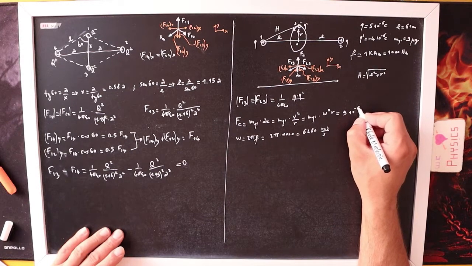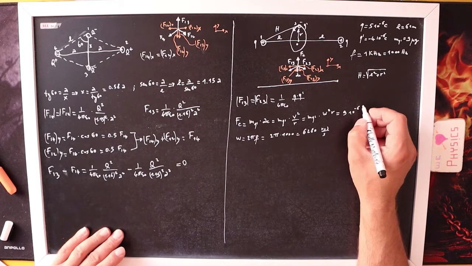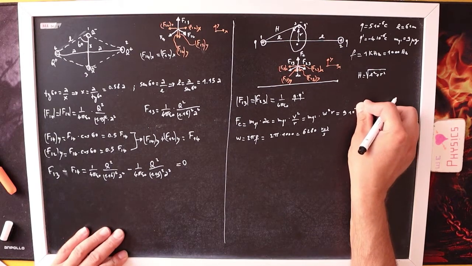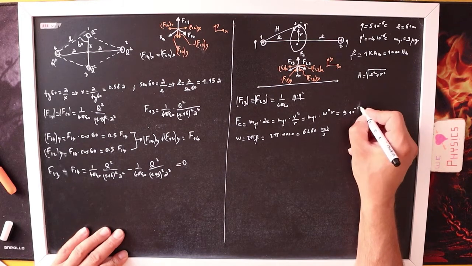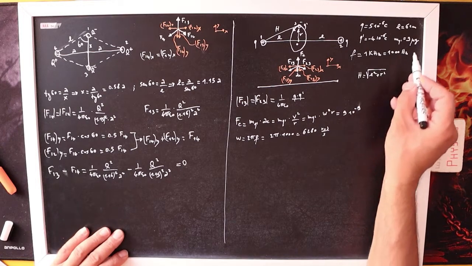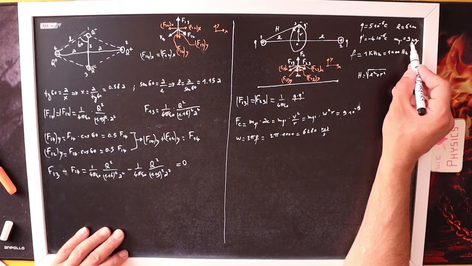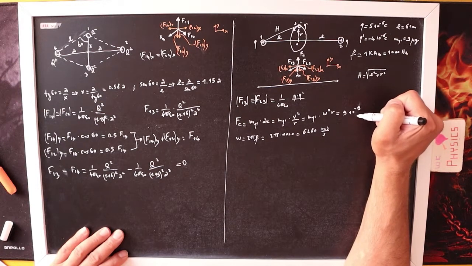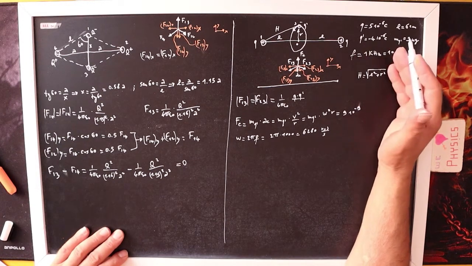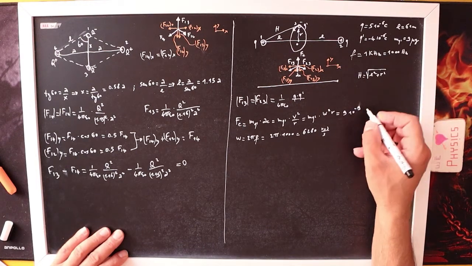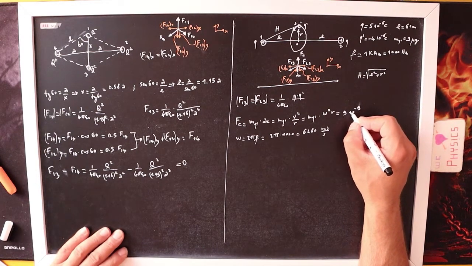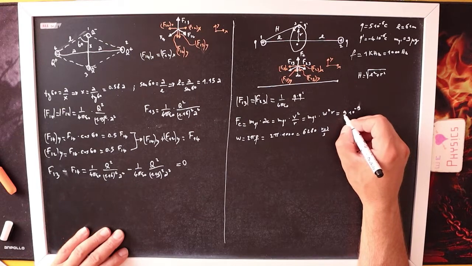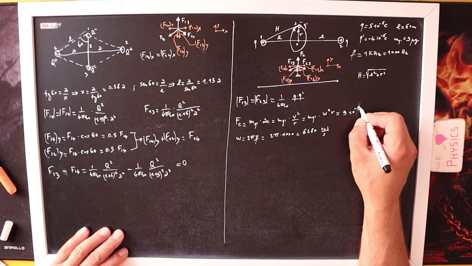In kilograms, it's minus 9, because there are 3 more places between grams and kilograms. We wanted everything in kilograms. So it's 9 multiplied by 10 to the power of minus 9.